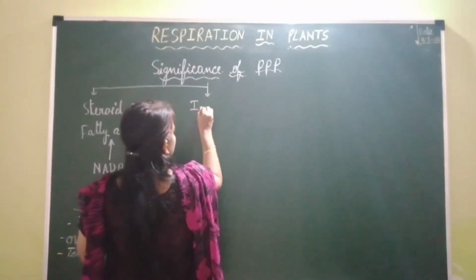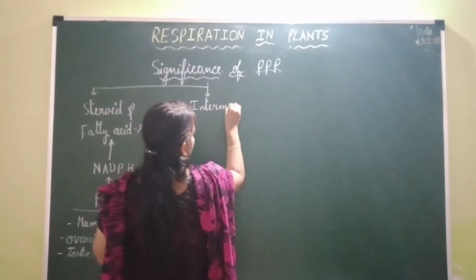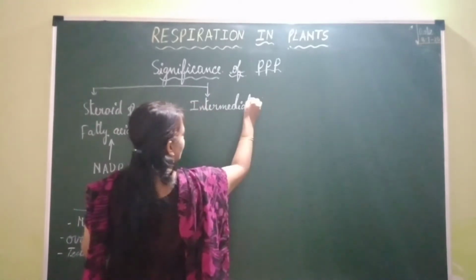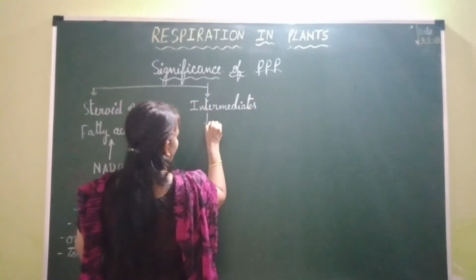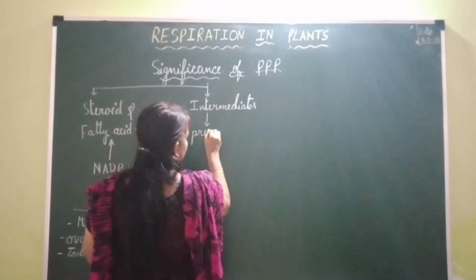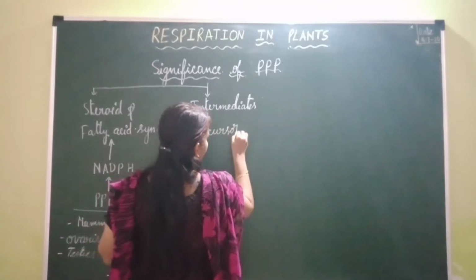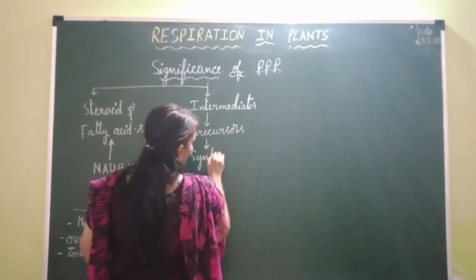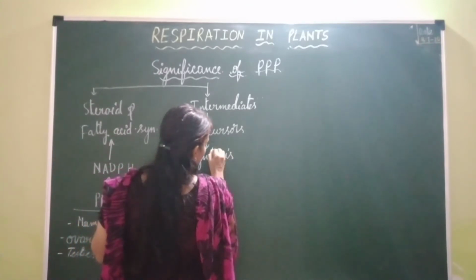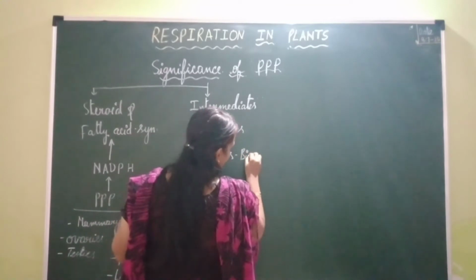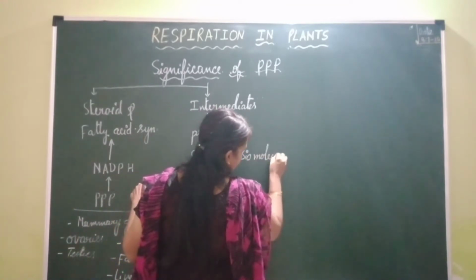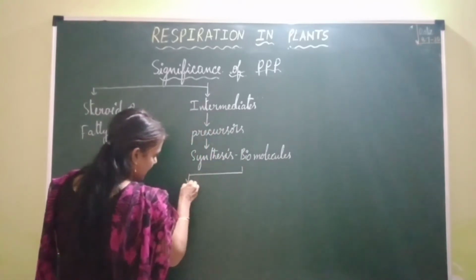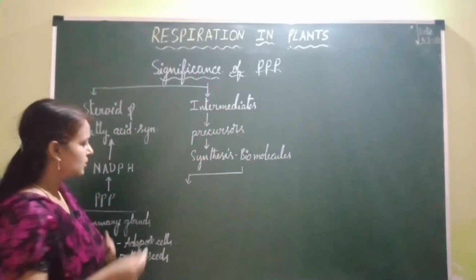So let's see some examples. What are the intermediates which are used as precursors for the synthesis of other biomolecules inside the cell?